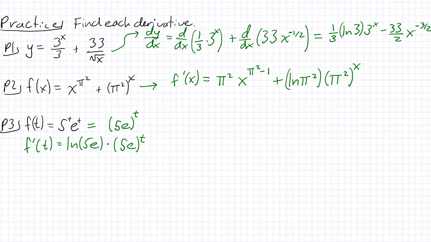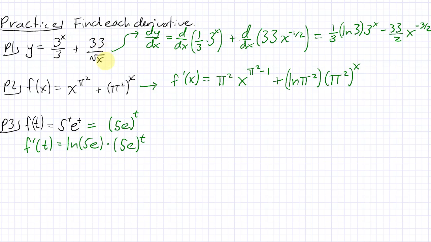So the first one, the trick is that the 1/3 is a constant multiple, so you can just ignore that and deal with the 3 to the x separately, which looks like so. We just have the 1/3 left alone times the natural log of 3 times 3 to the x. And then here, this is a power function.